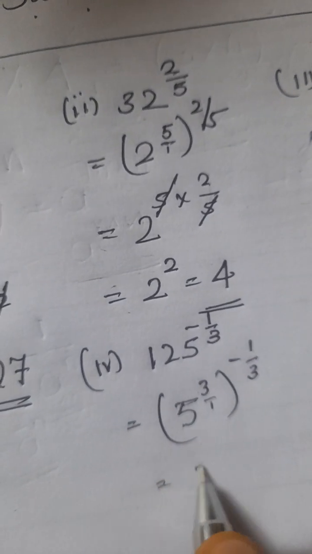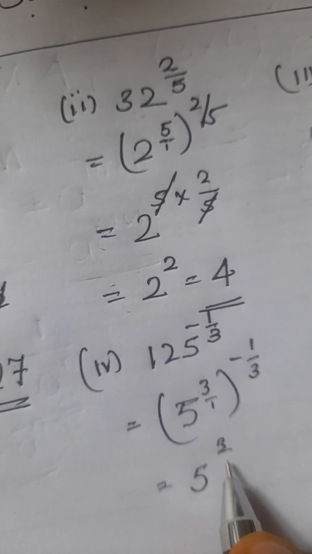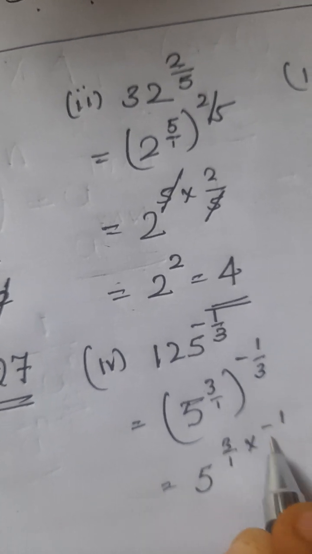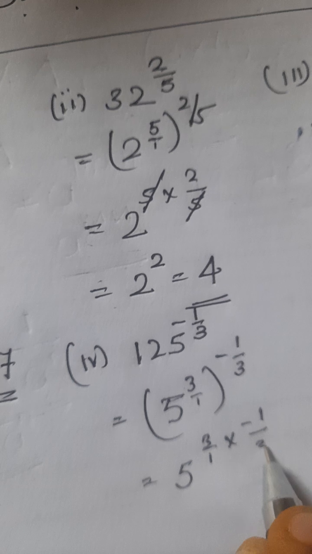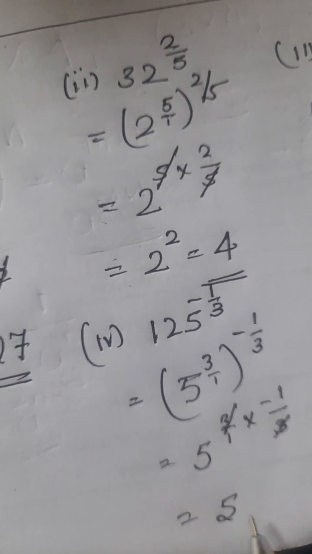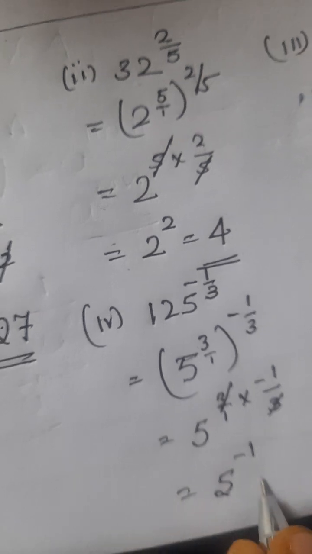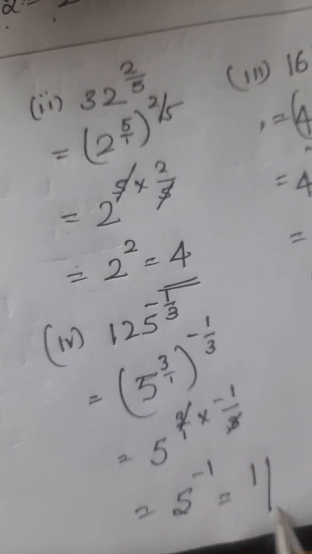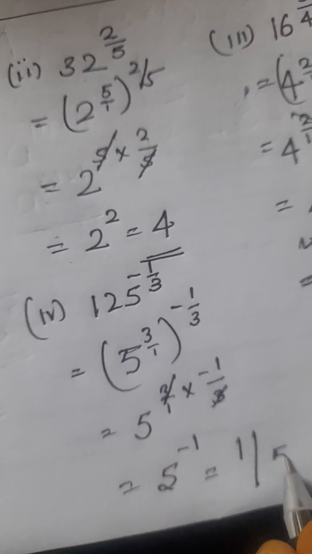This is equal to 5 to the power 3 by 1 into minus 1 by 3. The 3s get cancelled. So you are left with 5 to the power minus 1. This is equal to 1 by 5.